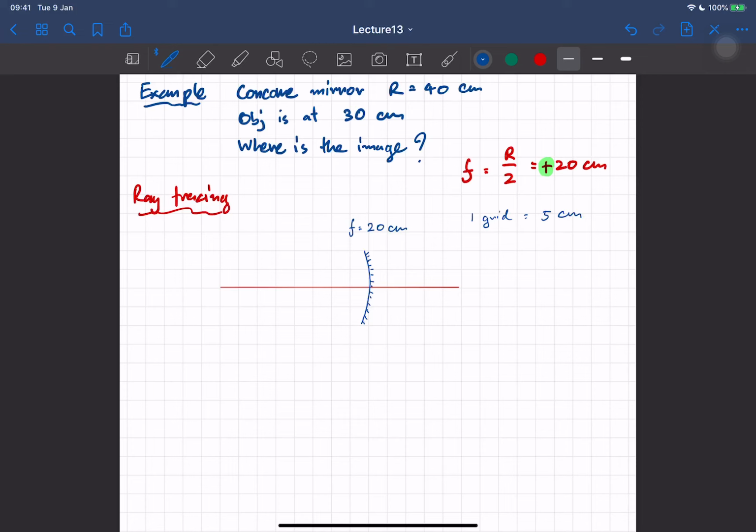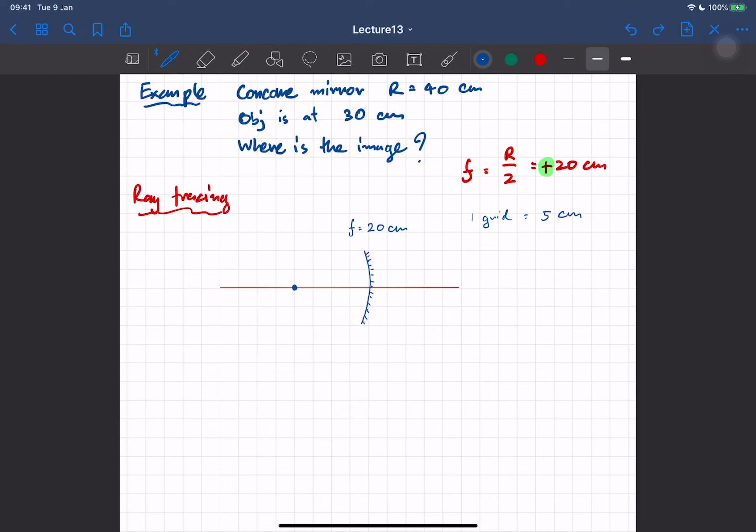Because when light comes in, it's going to get reflected like that, it's converging the light onto the left-hand side of the mirror. So it makes sense to dot the focal point on the left-hand side of the mirror, and it's probably here. So 1, 2, 3, 4 grids.